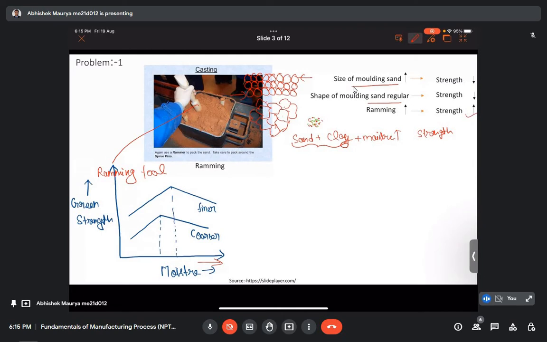Then let's see what happens by changing the percentage of clay on the green strength of the mold. Since clay's function is basically to increase the bonding between the sand, as the percentage of clay increases, the strength of the mold increases.